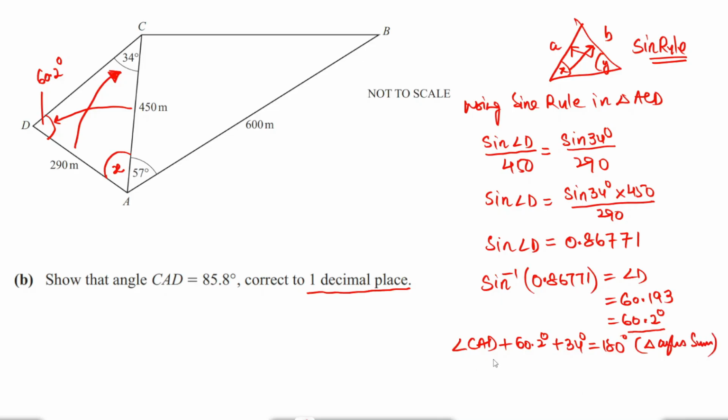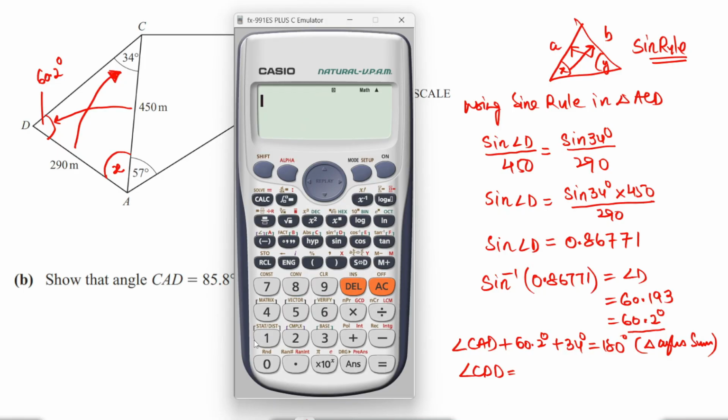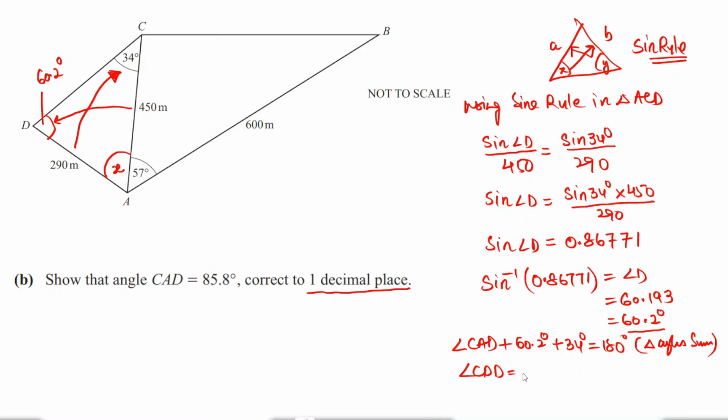So angle CAD comes out to be 180 minus 60.2 minus 34. If we calculate this, we got 85.8 degree, and this is up to one decimal place, and that is our answer. So hence we have proved the required thing.